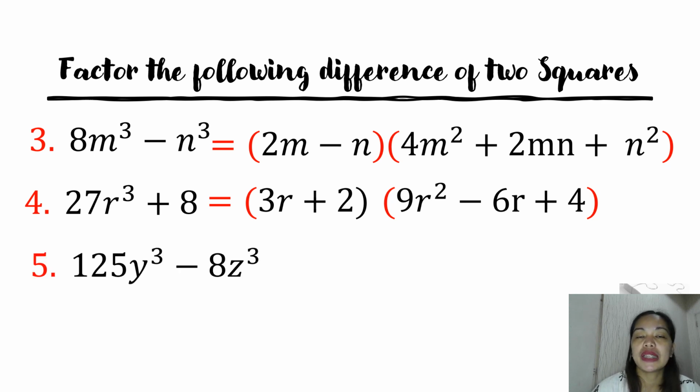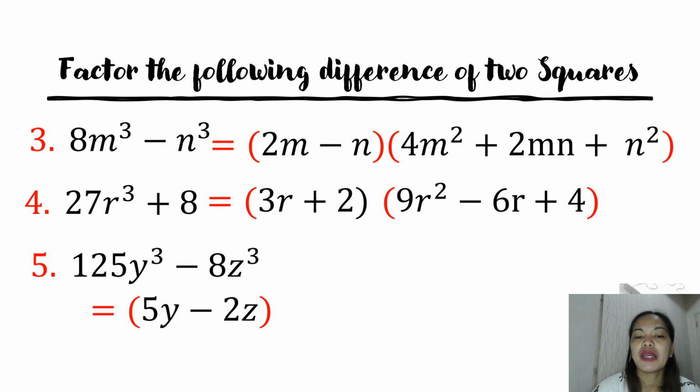Okay, number 5 example. 125y cubed minus 8z cubed. This is difference of two cubes. So, the cube root of 125y cubed is equal to 5y. Then, the cube root of 8z cubed is 2z. So, you've got 5y minus 2z. The next factor now is, square mo lang si 5y.